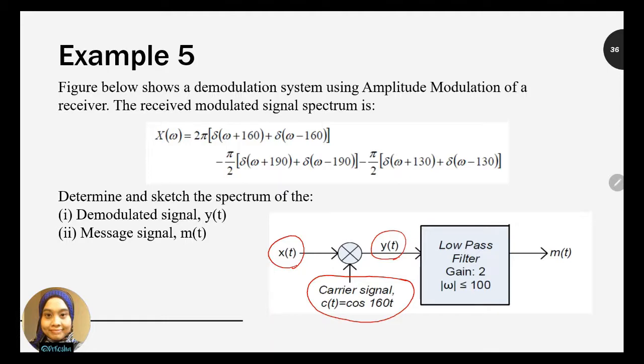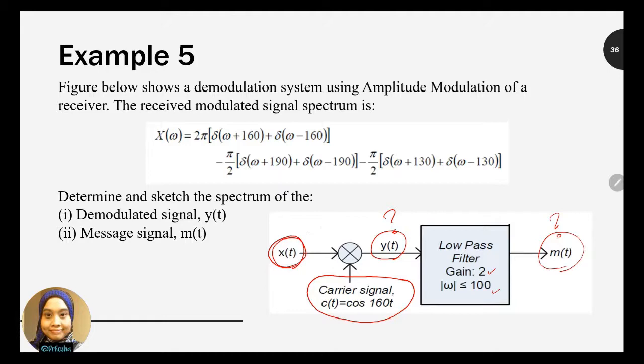and it will pass through a low pass filter with a gain of 2, and also the absolute value for angular frequency is less than 100. Okay, and you will get the message signal at the output. So what is the y(t) equation and also the m(t) equation, if we can have an equation from x(t)?